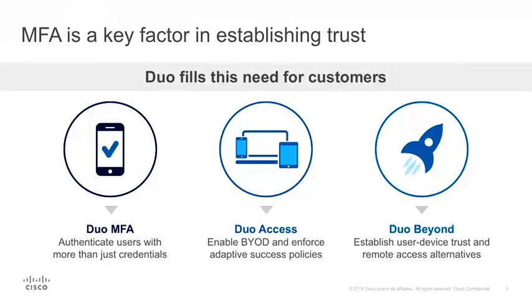Duo Beyond encompasses all the benefits of Duo MFA and Access, while also establishing user device trust and remote access alternatives to private apps. Let's take a closer look at each edition and its benefits.